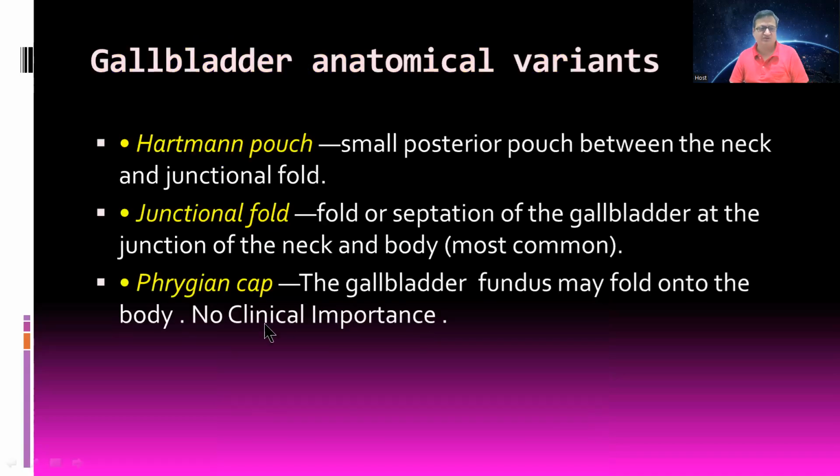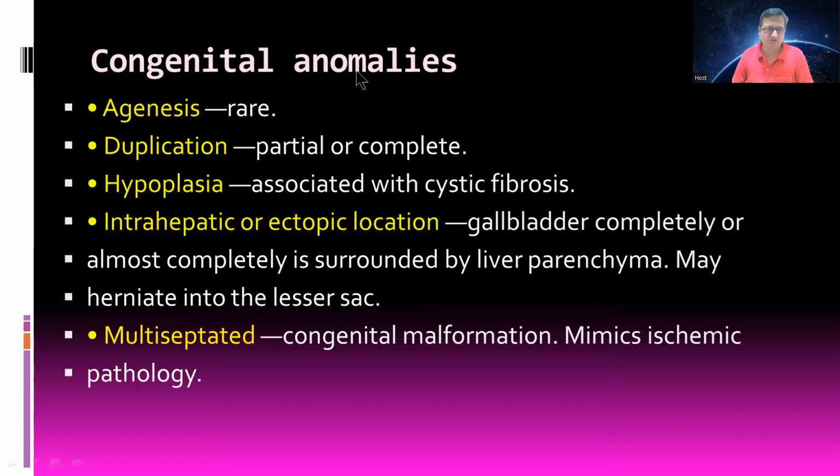Now some anatomical variants. Hartmann pouch, we already discussed. Junctional fold is a fold or septation of the gallbladder which is present at the junction of the neck and the body. Congenital anomalies are there, like agenesis, which is the rare one.